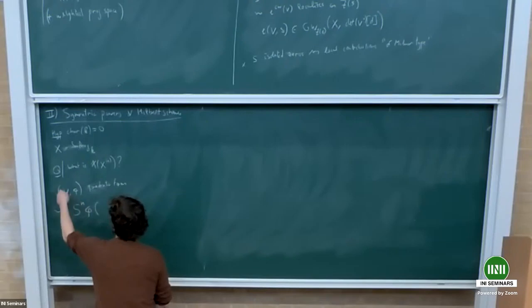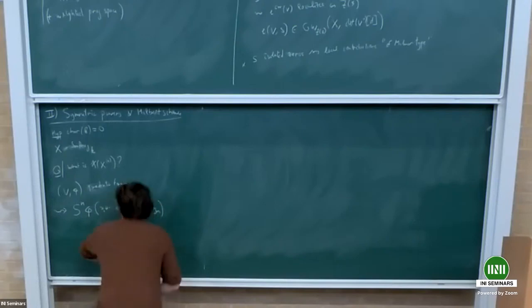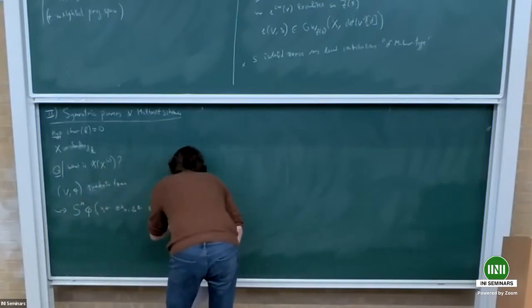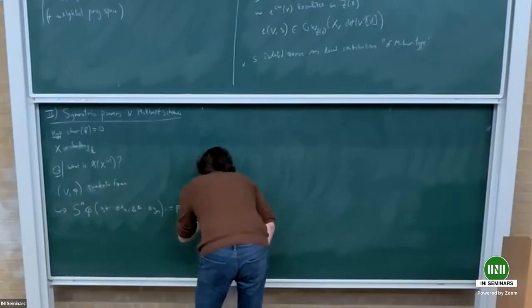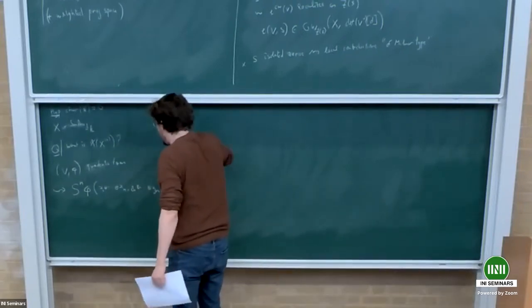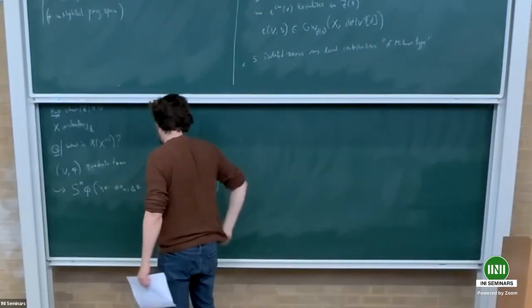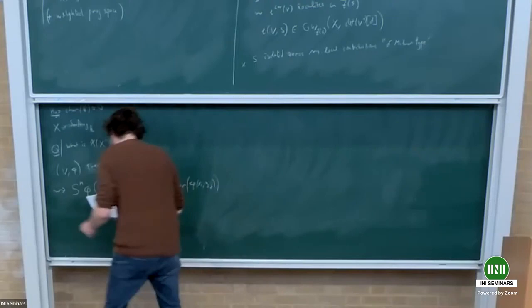So this will be a form on the Sym^n V, and by definition, this is the permanent of the matrix. So the determinant without the sign. So in positive characteristic, this tends to be degenerate, but in characteristic 0 it is non-degenerate.